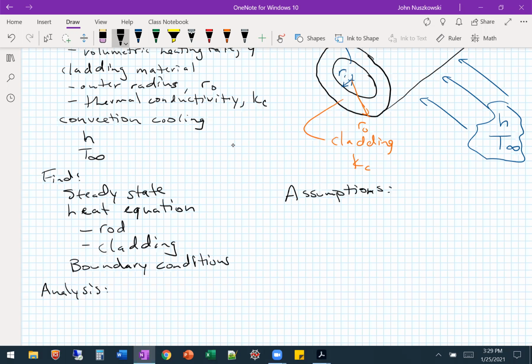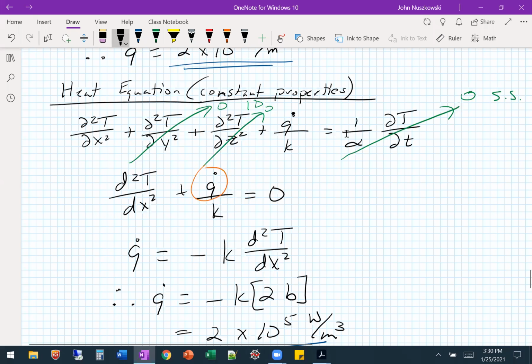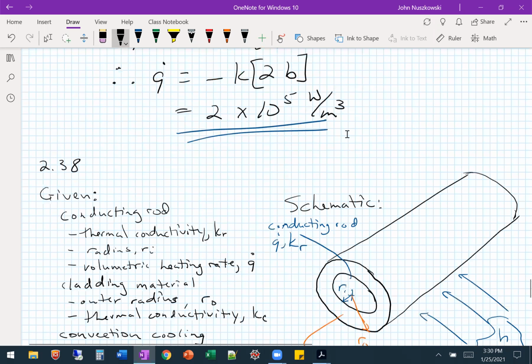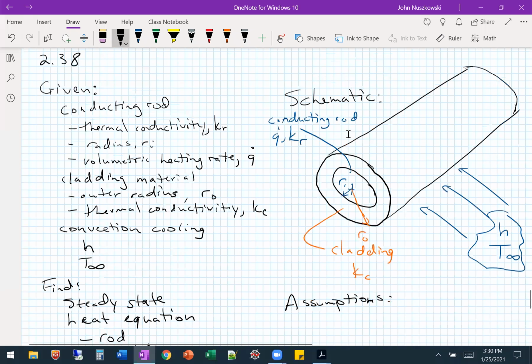So where do we start? With our heat equation. Which one? Do I utilize this one? No, use the cylindrical one. Yeah, so our coordinate system choice would be better with the cylindrical because we have a cylinder here, right?